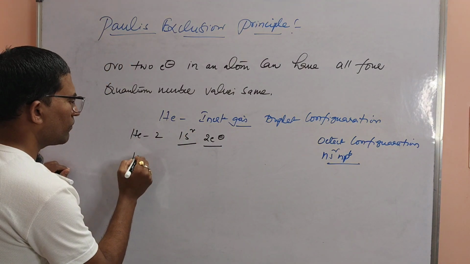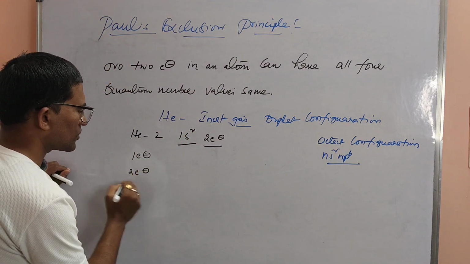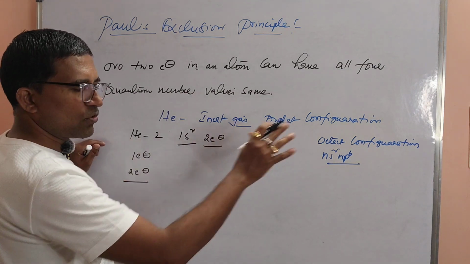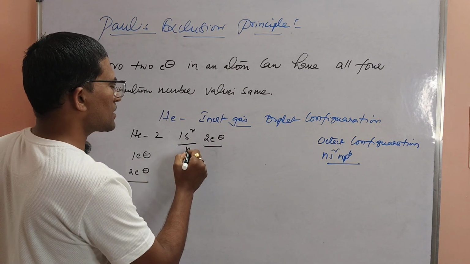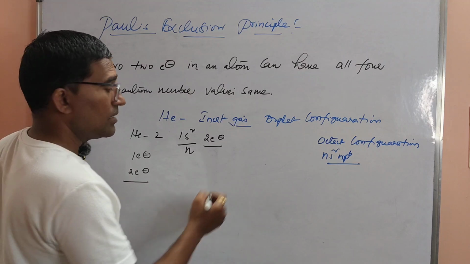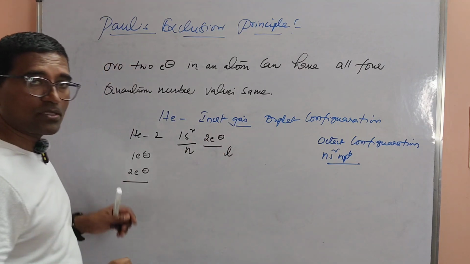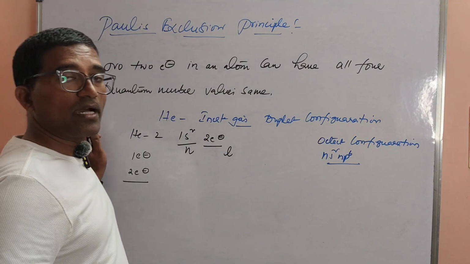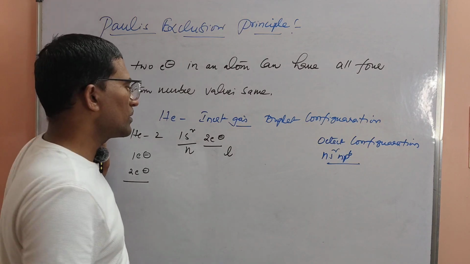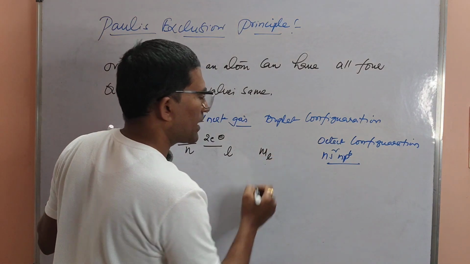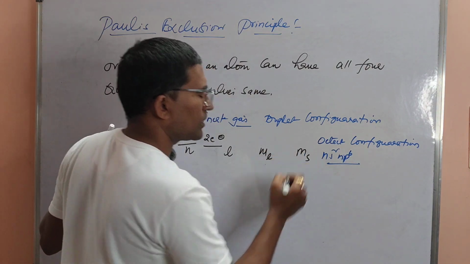Now for the first electron and second electron, I am writing all 4 quantum number values. First is n, the principal quantum number. Second is l, the azimuthal quantum number, also called angular momentum or subsidiary quantum number. Next is ml, the magnetic quantum number. Next is the spin quantum number.